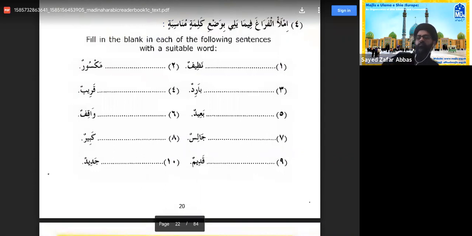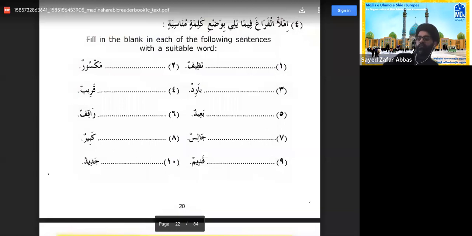We have al-mindil, handkerchief. Al-mindil nadif, the handkerchief is clean. Number 2 with broken: al-qalamu maksur, the pen is broken. Al-ma'u barid, the water is cold. Qareeb, near: al-masjidu qareeb, the mosque is near.